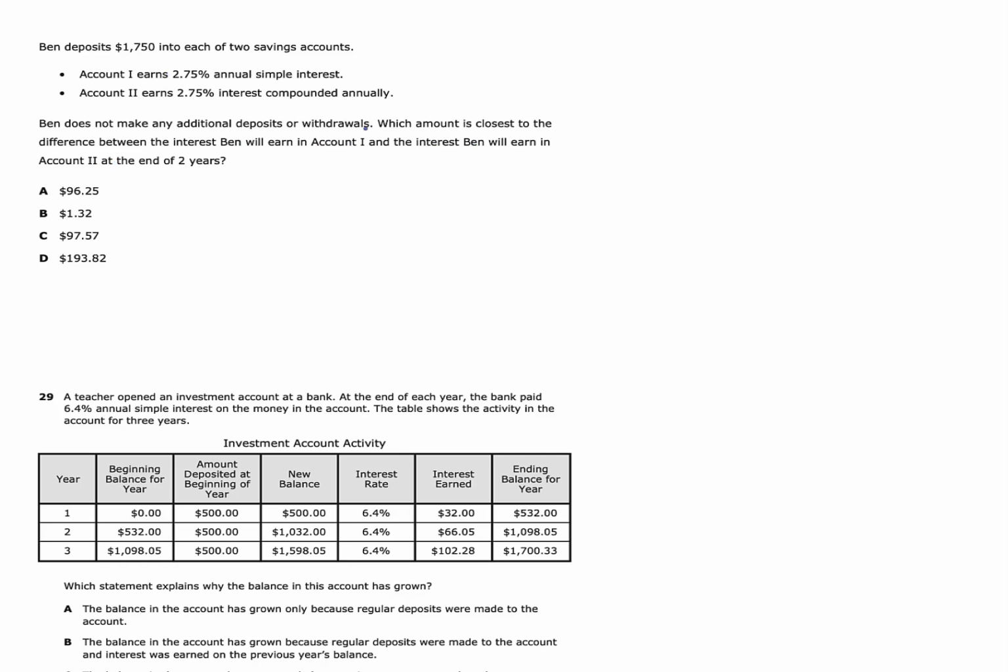So account 1 is pretty simple. That's just the principal multiplied by the rate multiplied by the time. So that's 1750 multiplied by 2.75 multiplied by 2, and then we're going to divide that by 100.